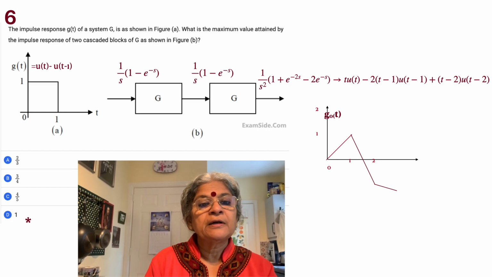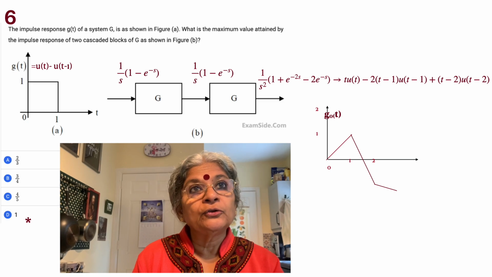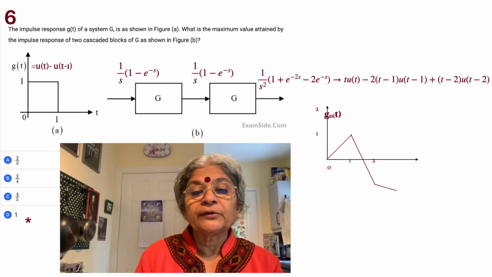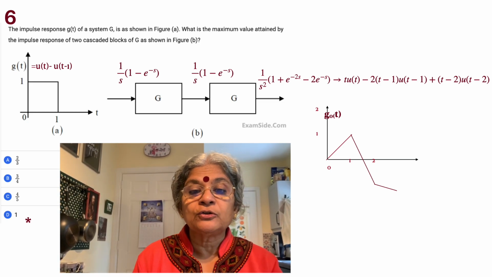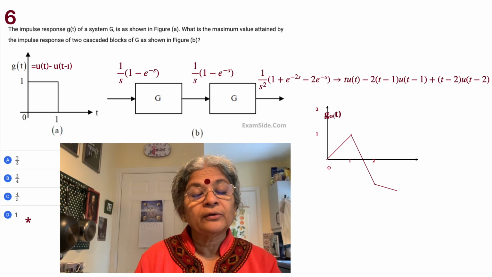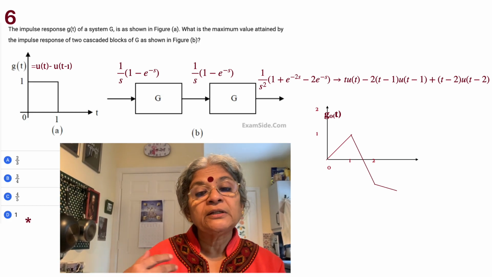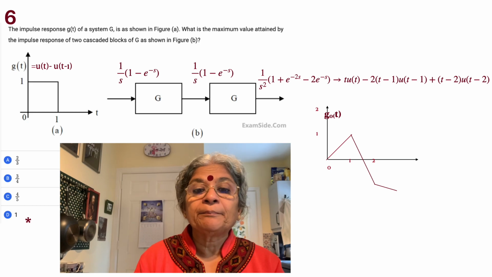Of course we want to know the maximum value that it can attain, and this can be easily converted into a diagrammatic picture in your mind, which will give you the answer. What happens at t equal to 0, when you're trying to draw the Laplace inverse of this?